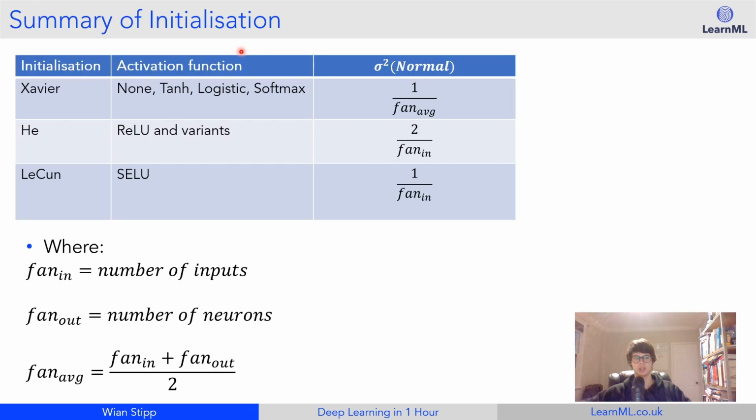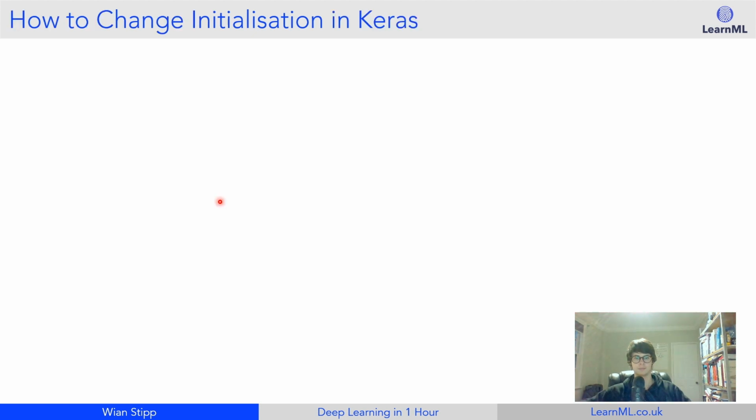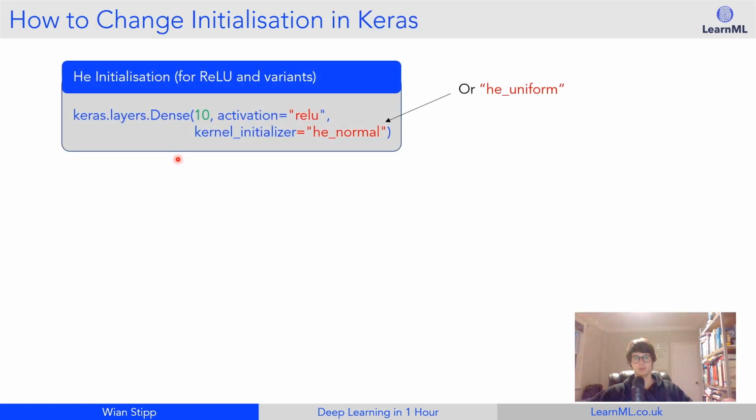So this is a good initialization technique, but we're going to focus a bit more on the LeCun and the SELU combination. So if you wanted to change the initialization, what you do is you pass in this kernel initializer and you set it to whatever you want.